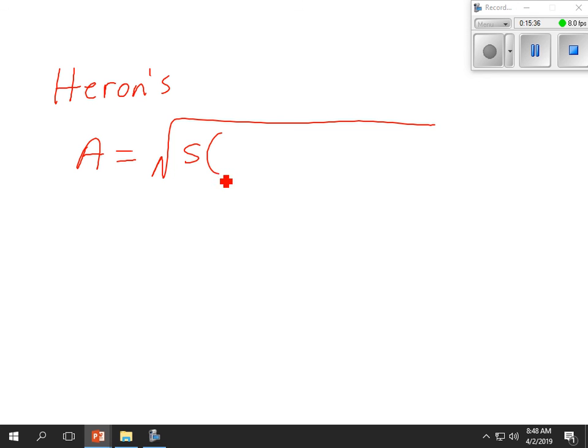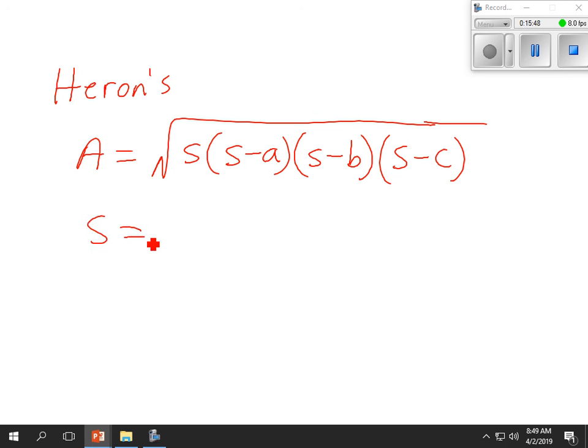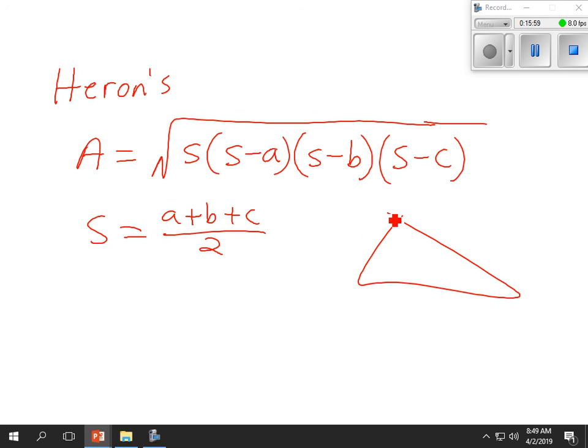It's the square root of S times S minus A times S minus B times S minus C, where S equals A plus B plus C divided by 2. And in any triangle, whatever that triangle looks like, you're going to have one side's A, one side's B, one side's C, and that's where this is going to come from.